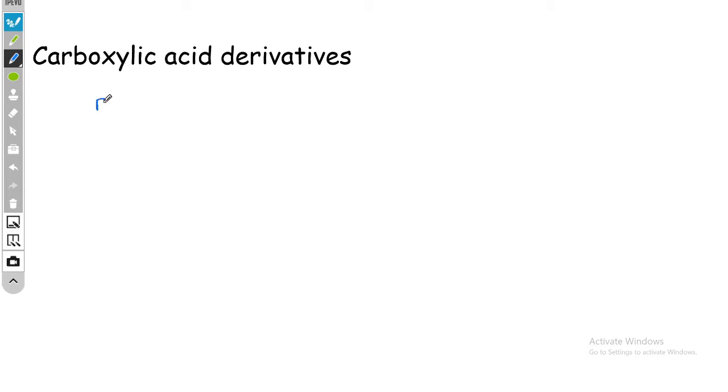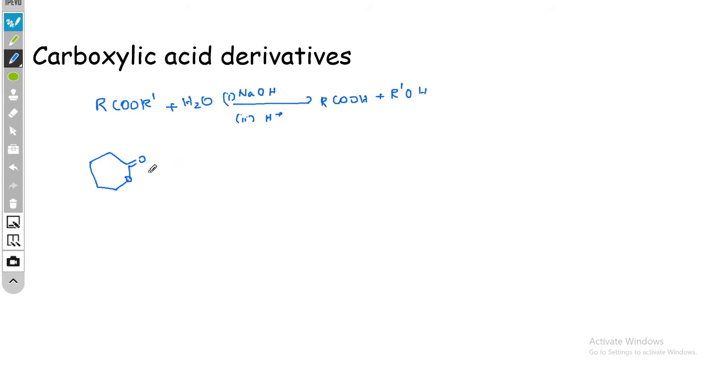For example, an ester RCOOR' plus H2O is hydrolyzed in the presence of NaOH, and after neutralizing we get RCOOH plus R'OH. Similarly, a cyclic ester, also called a lactone, gives a similar reaction with H2O under the same conditions.